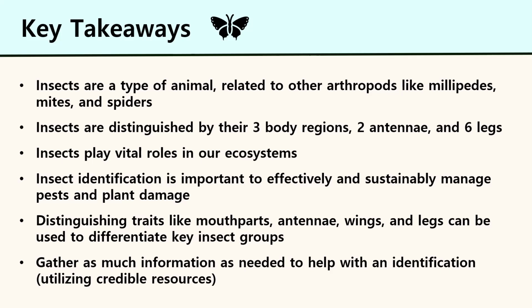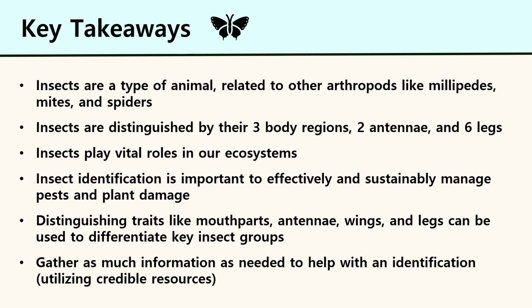Insects play vital roles in our ecosystems, and they need our help and support. Insect identification is important to effectively and sustainably managing pests and plant damage, so it is a key part of plant diagnostics. Distinguishing traits like mouth parts, antennae, wings, and legs can be used to differentiate key insect groups, like the main 6 insect orders and 1 subclass for our mites that we learned about today.